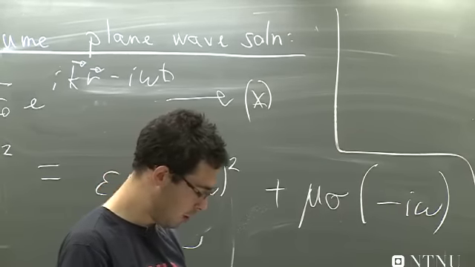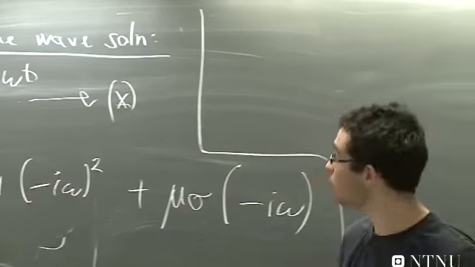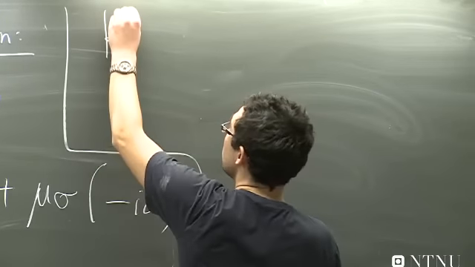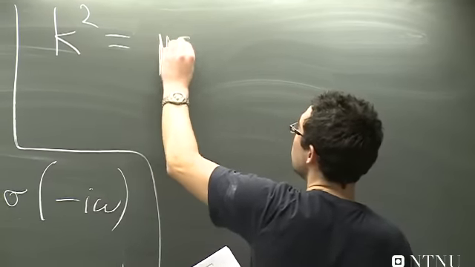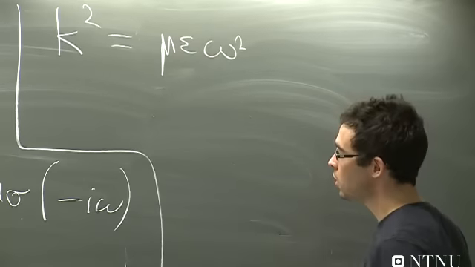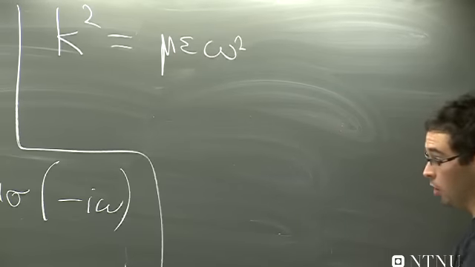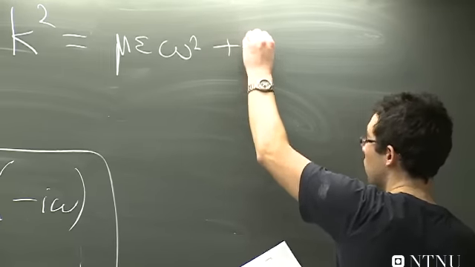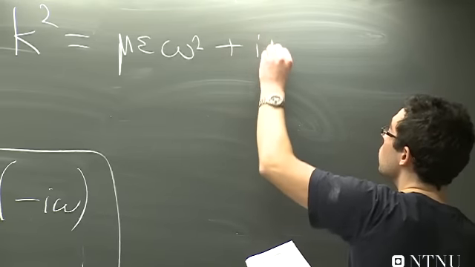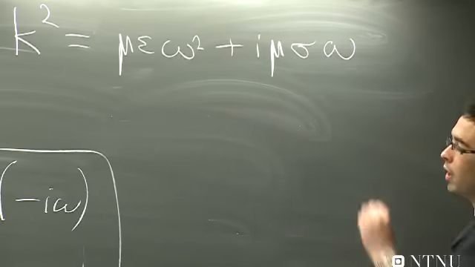And so if I rearrange to have k on one side, the wave number, I get that k squared is equal to mu epsilon omega squared. And I multiplied by minus 1, by the way, but I'm sure you noticed. Plus i mu sigma omega.